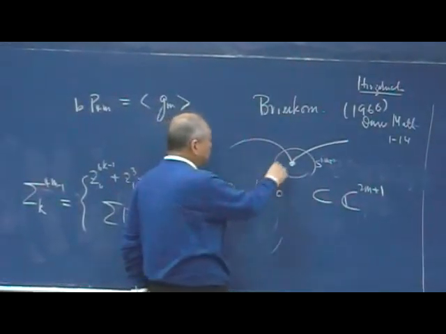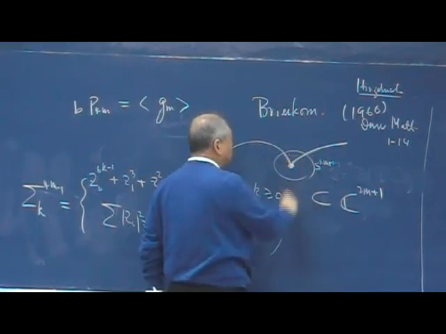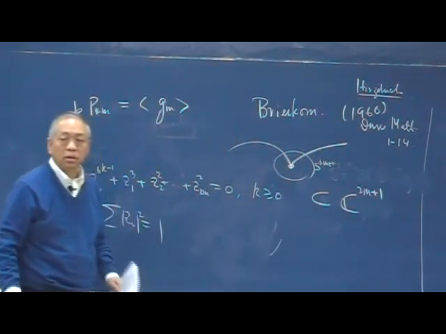You see, this is the link. The link models the singularity. Topologically, the singularity is just a cone over this link.